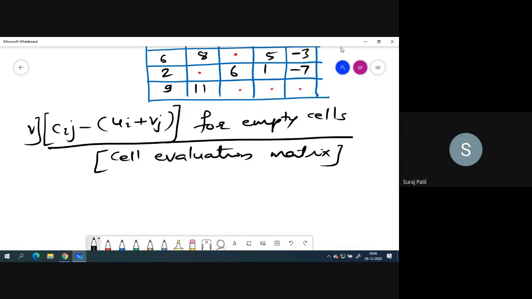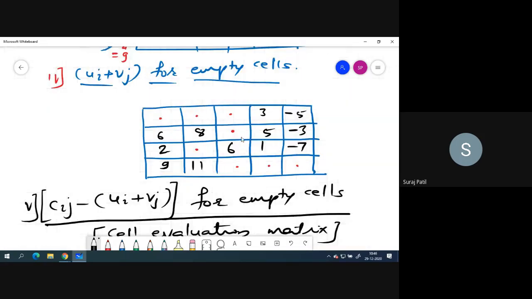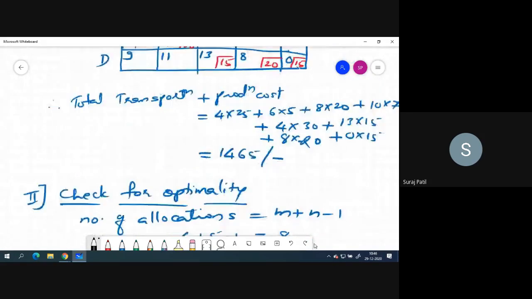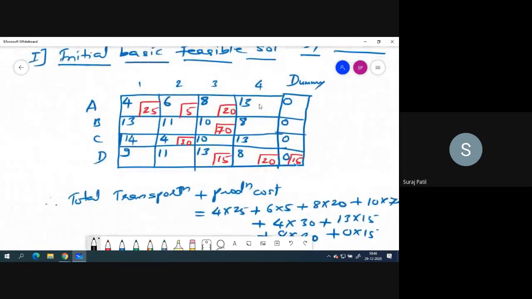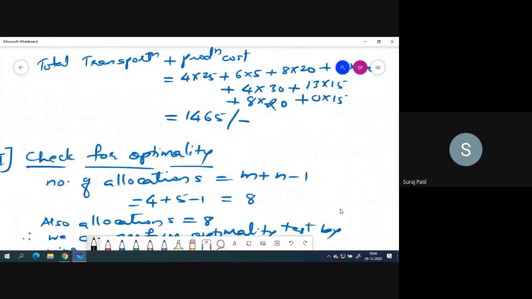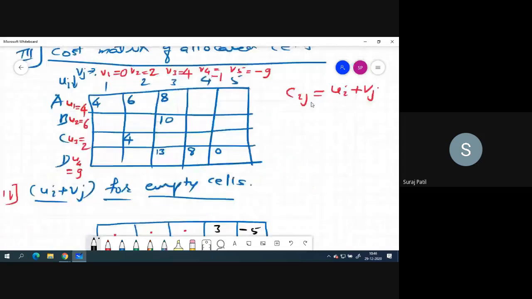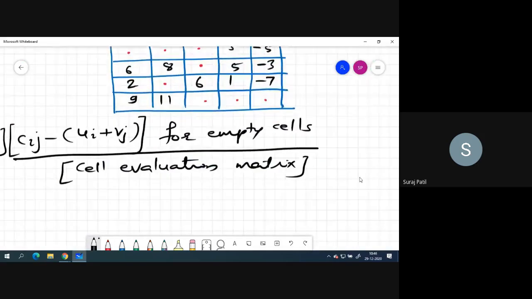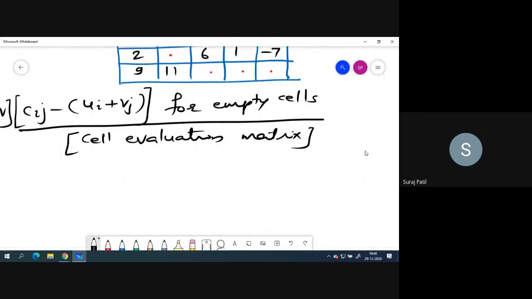So if you just see the cost associated with these empty cells from the original matrix, here it is 13, here 0. So just see here, 13 minus 3, it is 10. So I'll just write the matrix.